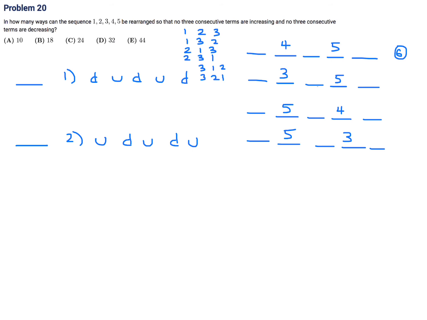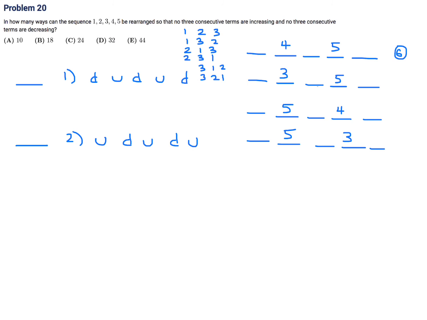The next one with the 3 and the 5. What are the numbers remaining? A 1, a 4, and a 2, right? A 1, 2, 4. Okay, so this was a down, down, down. So this number's got to be less than 3. This number's got to be less than 3. This number's got to be less than 4.